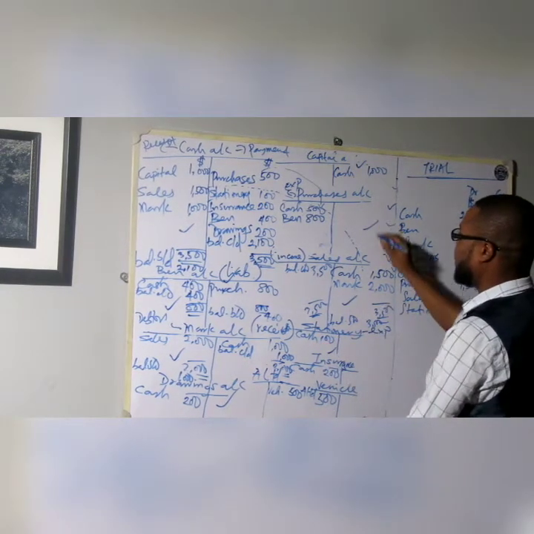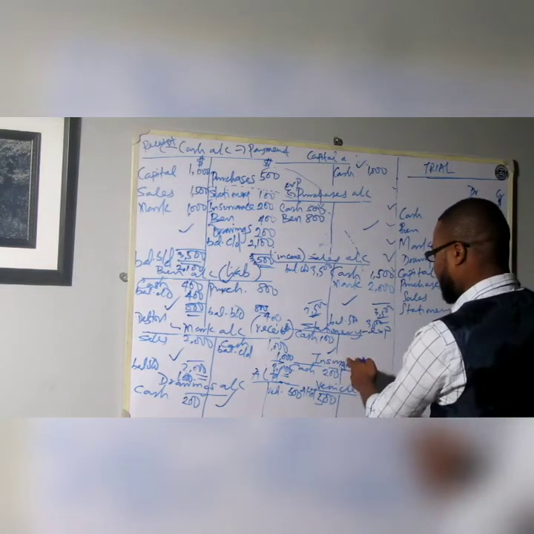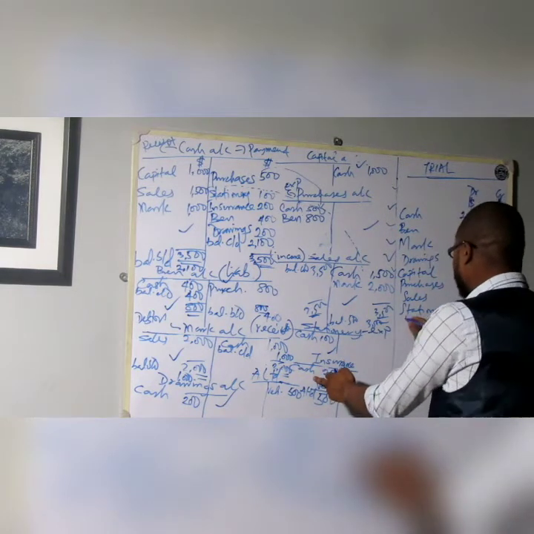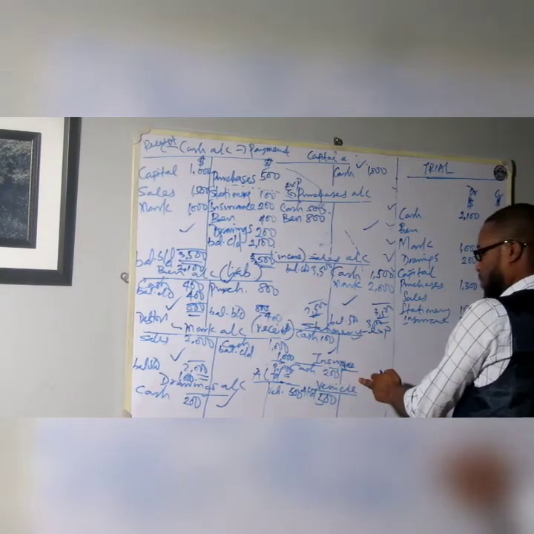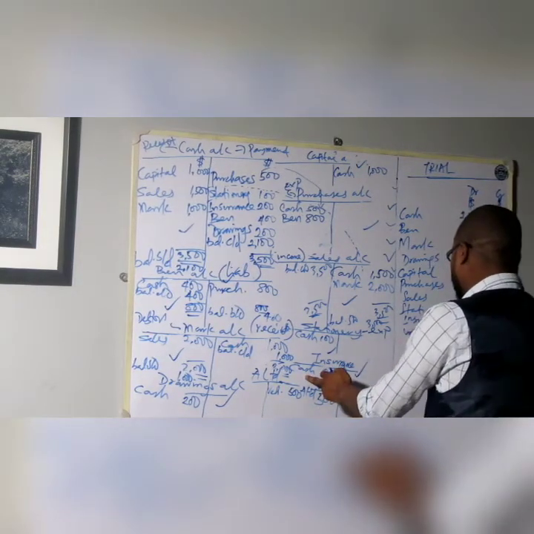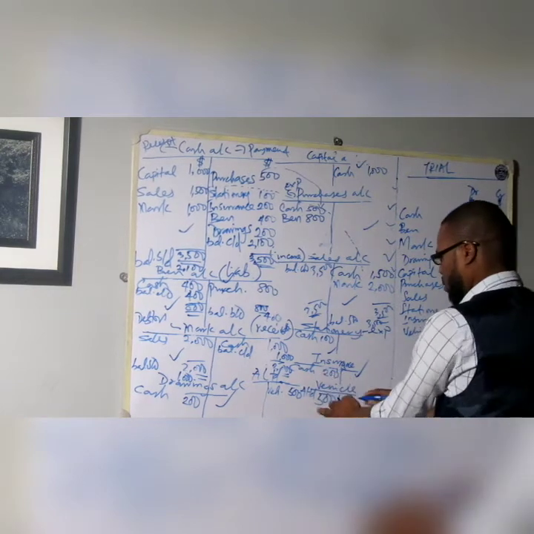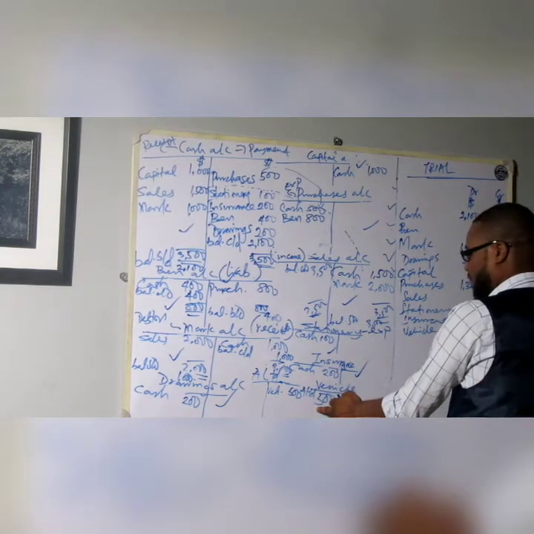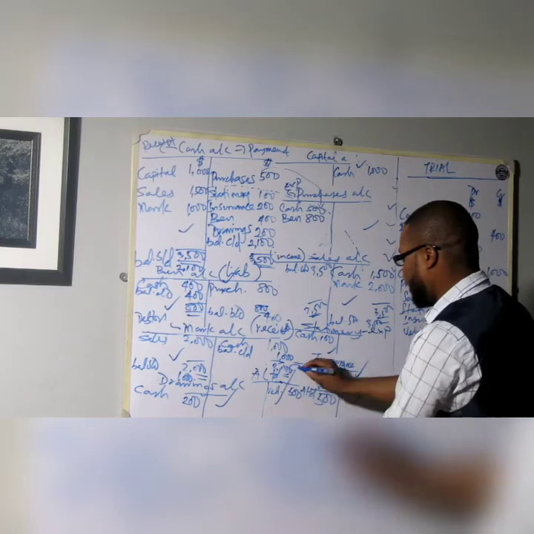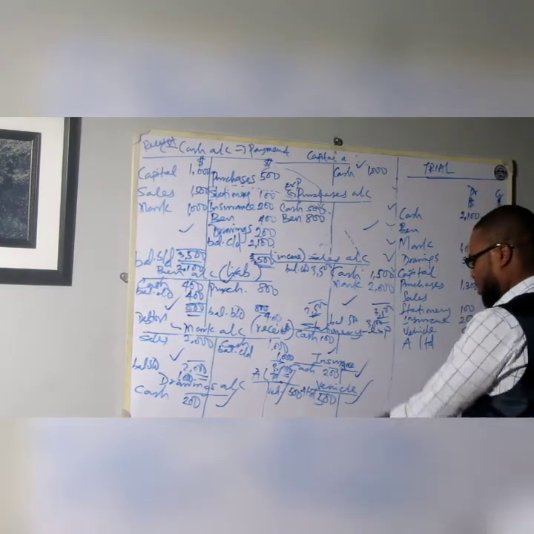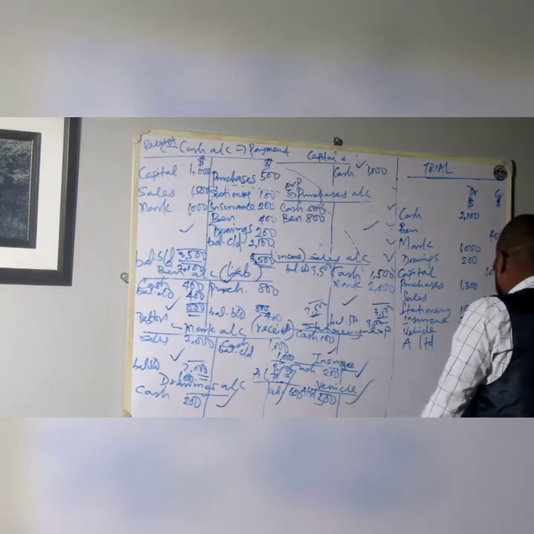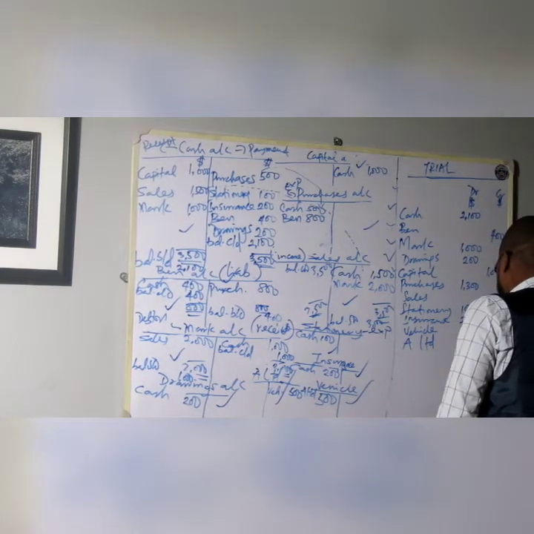Next, I got insurance on the debit side, 200. Next, vehicle on the debit side, $500. And lastly, I got Hay Limited account, which is on the credit side, $500.